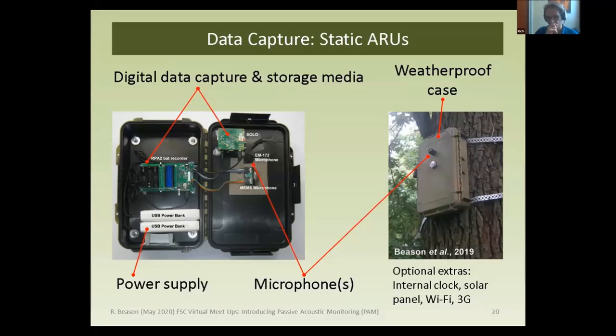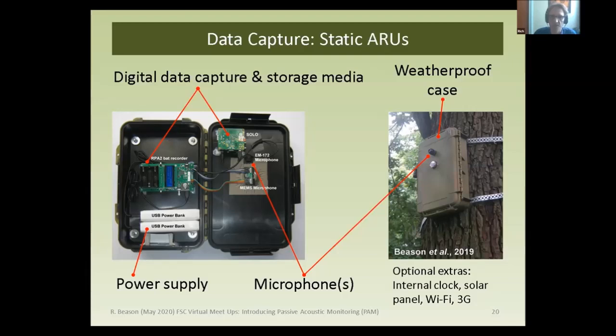So let's have a quick look inside one of these. These are some I built when I started doing my research project. Inside is basically a microphone for the frequencies that you're interested in. I wanted to study bats and birds, so you've got an ultrasonic MEMS microphone in there and an EM172 audible microphone capsule, which is really good quality, very small, quite cheap.